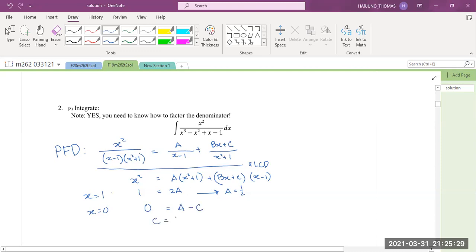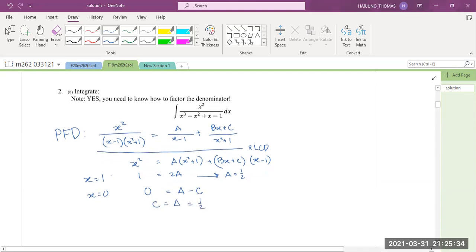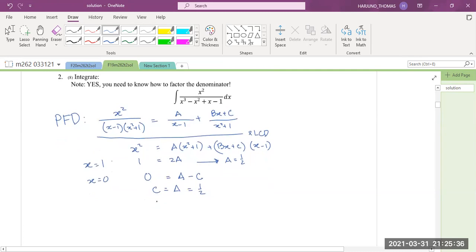So c equals a, which is 1/2. And then for the x squared term, on the left-hand side the coefficient is 1, on the right-hand side the coefficient is a plus b. So b is equal to 1/2. Oh, wow. Life is full of 1/2.